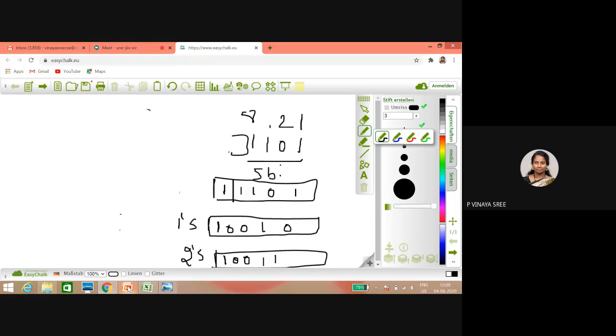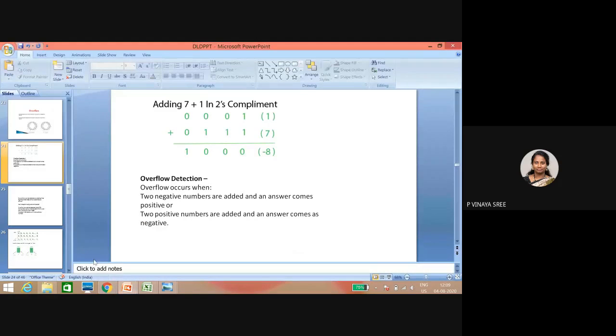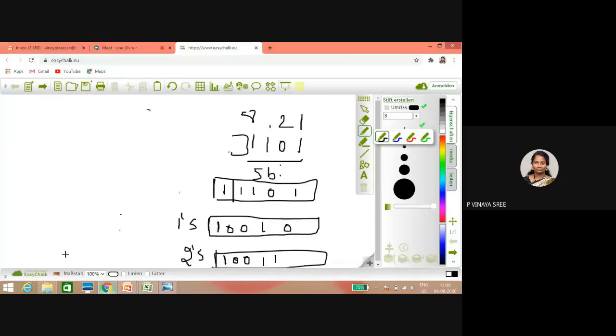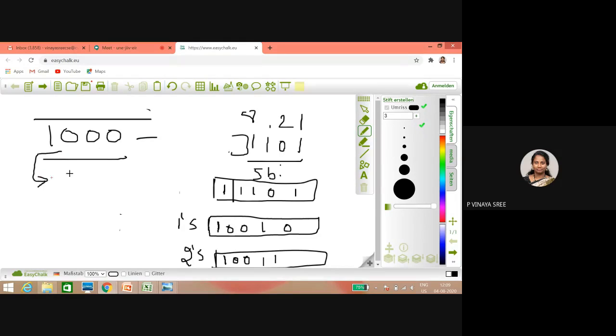The example I have taken gave the result 1000. By seeing this result, I can identify that this is a negative number. But to know which number it is, you have to find the 2's complement of that. 1000, if you do 1's complement, we get 0111. Again, for 2's complement we need to add 1 to that.